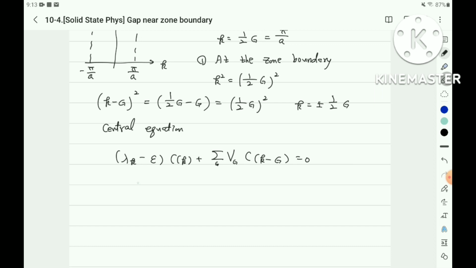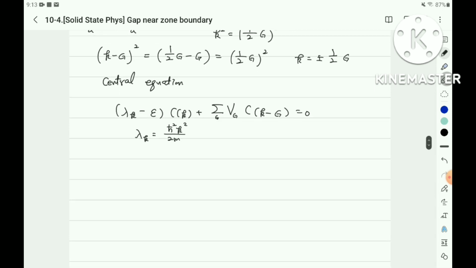Here lambda k is the kinetic energy, h bar squared k squared over 2m. At k equal to 1/2 g, it is lambda minus epsilon times c at 1/2 g, plus potential times c at minus 1/2 g, equal to 0. It is the first central equation.